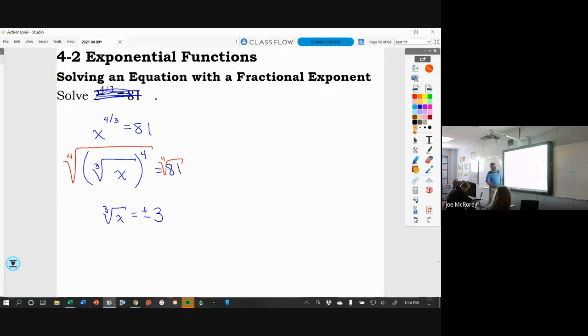Oh my goodness. Okay, how do you use this ugly color here? Orange? When taking an even root, the result will be plus or minus.